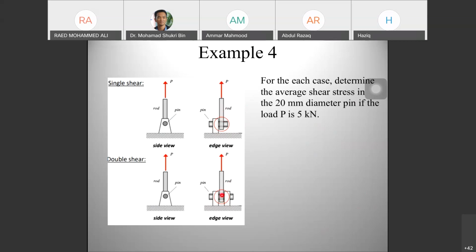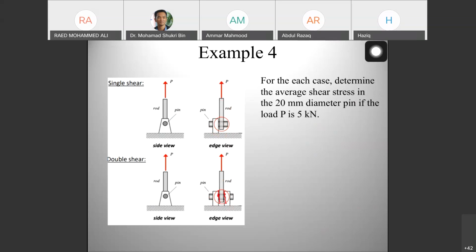In double shear, you pull once and break this part, then pull once more and break the other part. You need to break it two times to release the rod from the support. So this one is single shear, and this one is double shear.